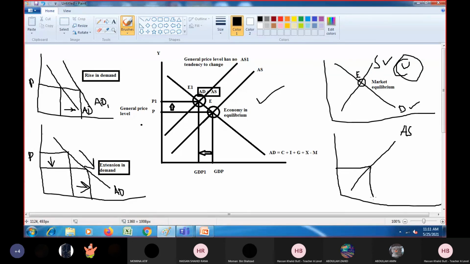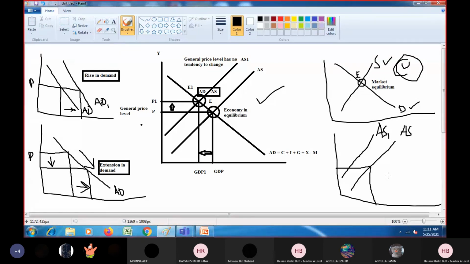Now if aggregate supply shifts towards the left side, this can be because of any reason, like I gave you an example: the producers lack technology, or do not have a sufficient amount of resources in terms of land, labor, capital. Whatever the reason, it is not the price factor which is changing supply. Simple as that. These are factors other than price.